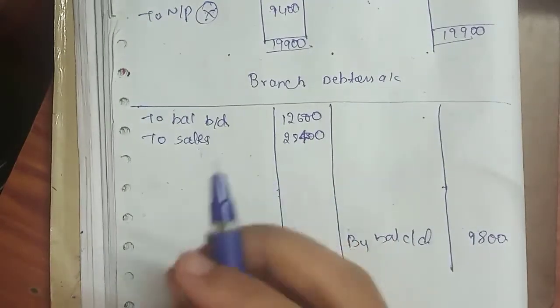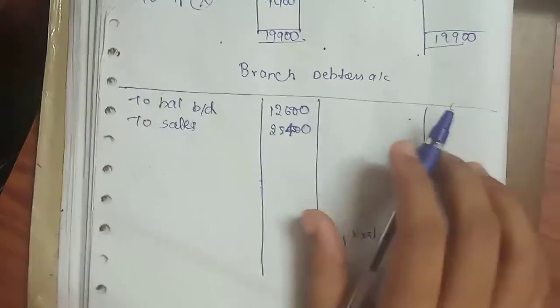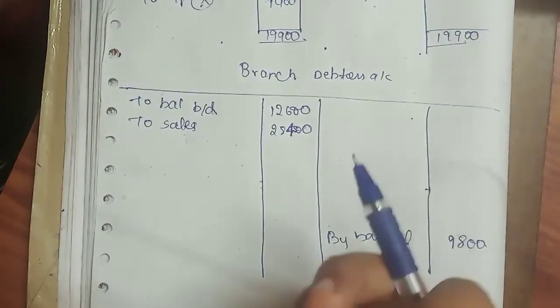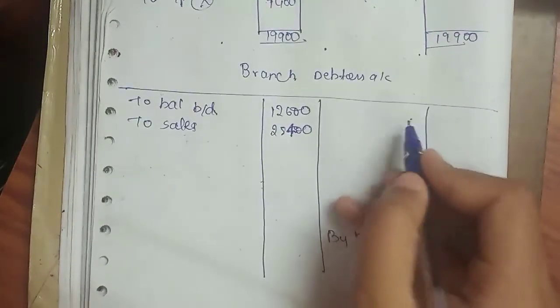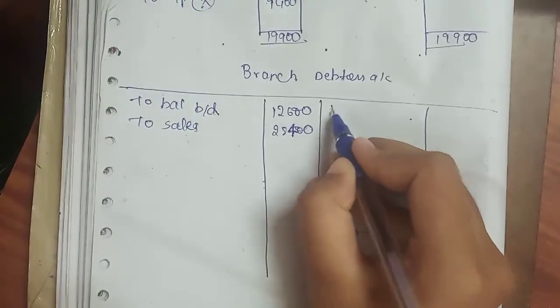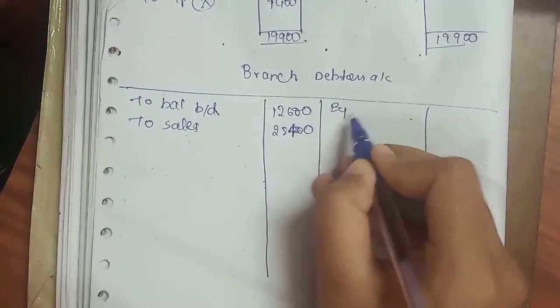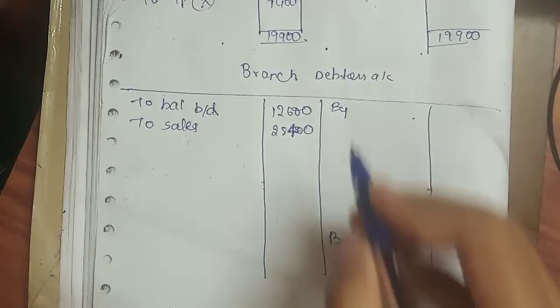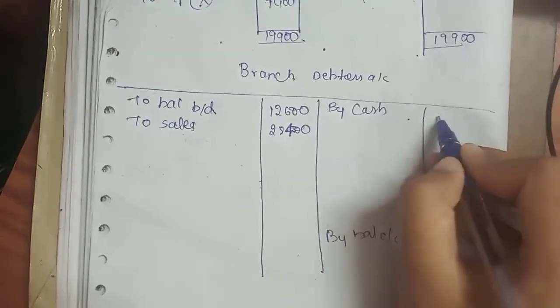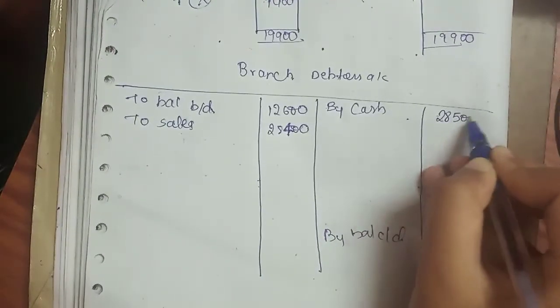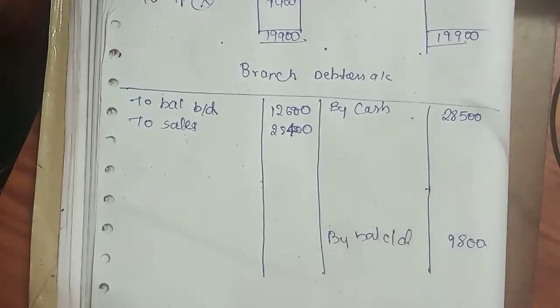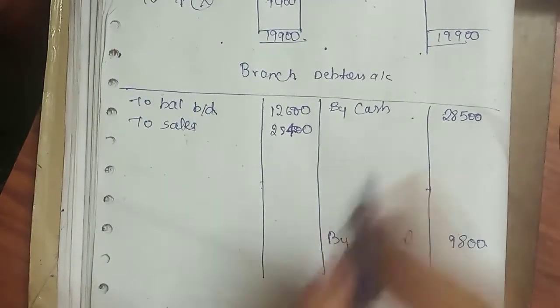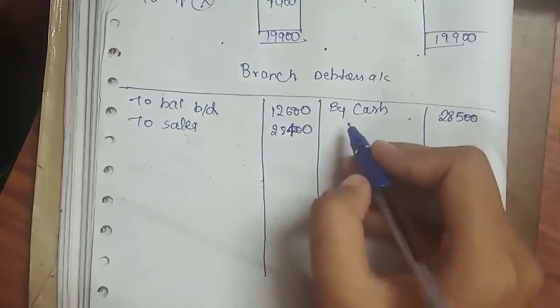But what you remitted to the head office through bank, you are writing it here, by cash 28,500 you have remitted.